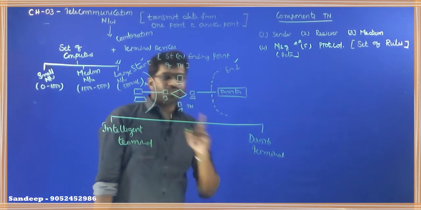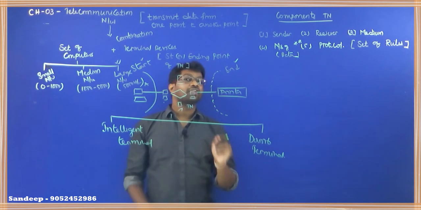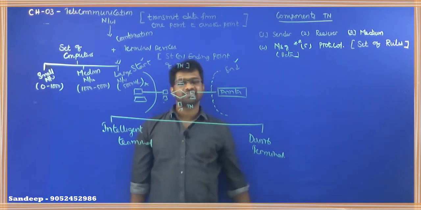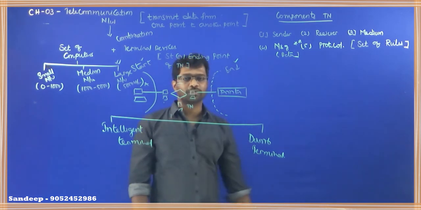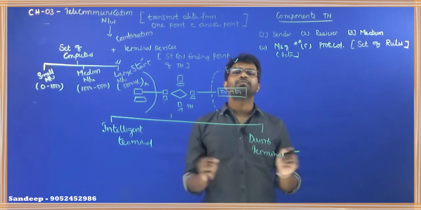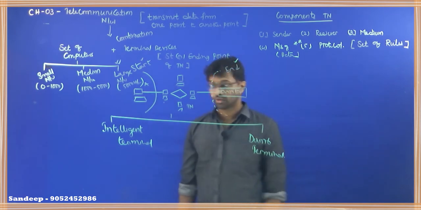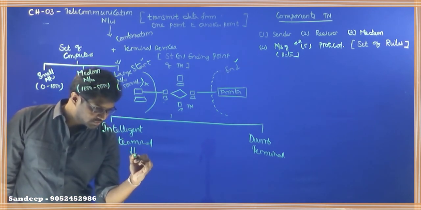So what do you mean by intelligent terminal? A device which consists of a processor is called an intelligent terminal. As we have already discussed in introduction to computers, a processor is nothing but hardware which is required for the purpose of executing an instruction.